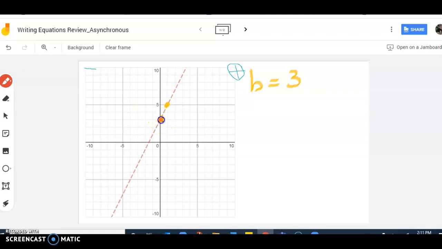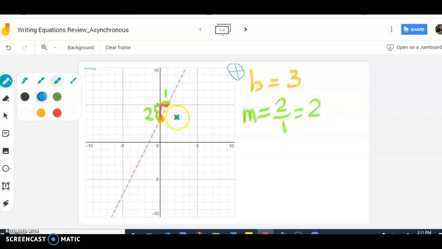Positive line means that I rise up, run 1, then I get to go back and do my arches, count my arches. 1, 2, so I did rise 2, run 1, so my M is equal to 2 over 1. That can be simplified to be 2.